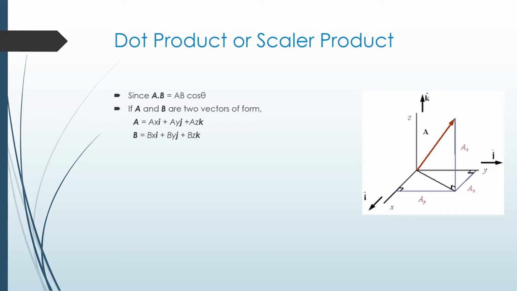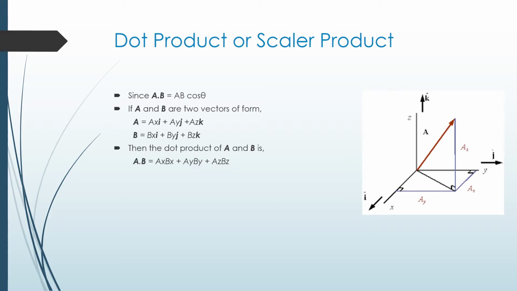Similarly, B vector is BX i plus BY j plus BZ k, and if you want to take the dot product of these two vectors, what would be the result? If you take the dot product, you will get A dot B is equal to AX into BX plus AY into BY plus AZ into BZ.